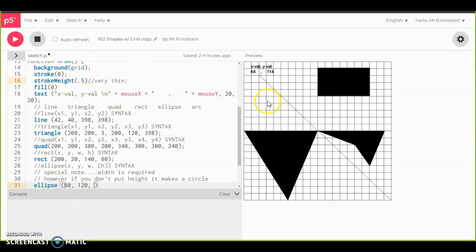And each circle, I believe, is 40, 60, 80, 120, yeah, so I want 40. I'm going to do 45. So 45, oh, look at that. Maybe I'll go 50. You're getting the idea, right? Whatever I put that third number to be, it makes it the width and the height. And if I do the width and the height, it's just giving us a circle.